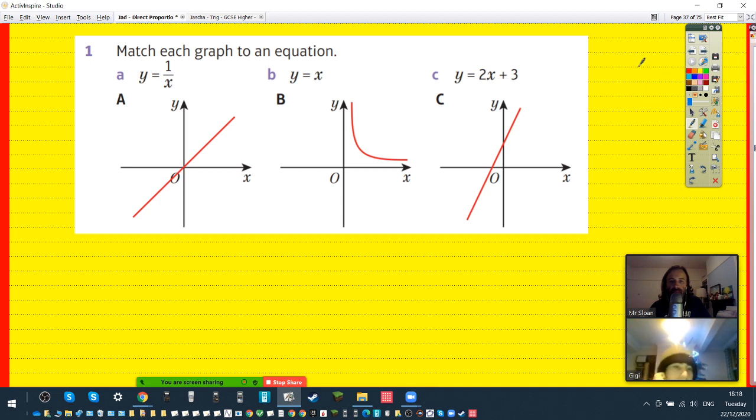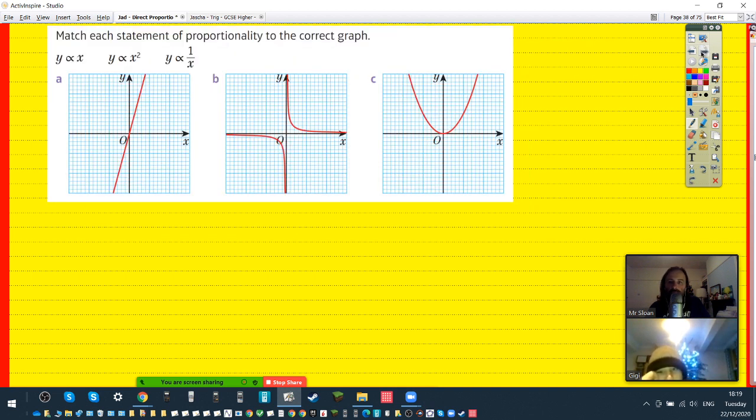All right. A is y equals x. B is y equals 1 over x. And C is 2x plus 3.